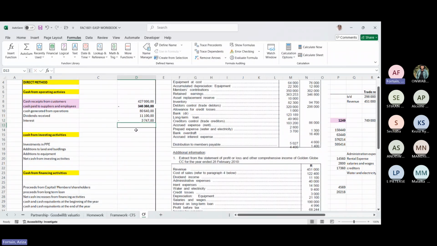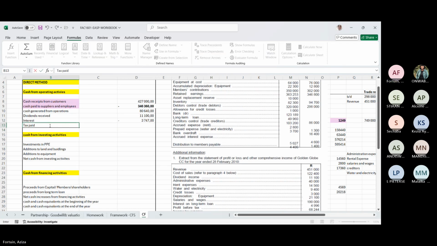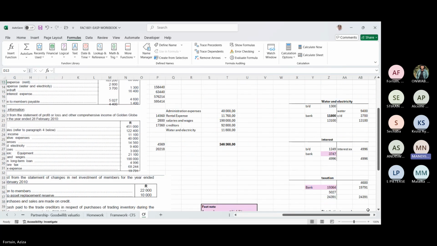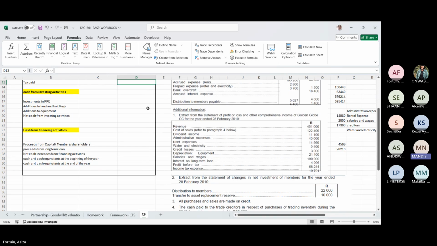Okay, and then you had your tax. How much was the tax paid? Tax paid 19,364. 19,364, yes.